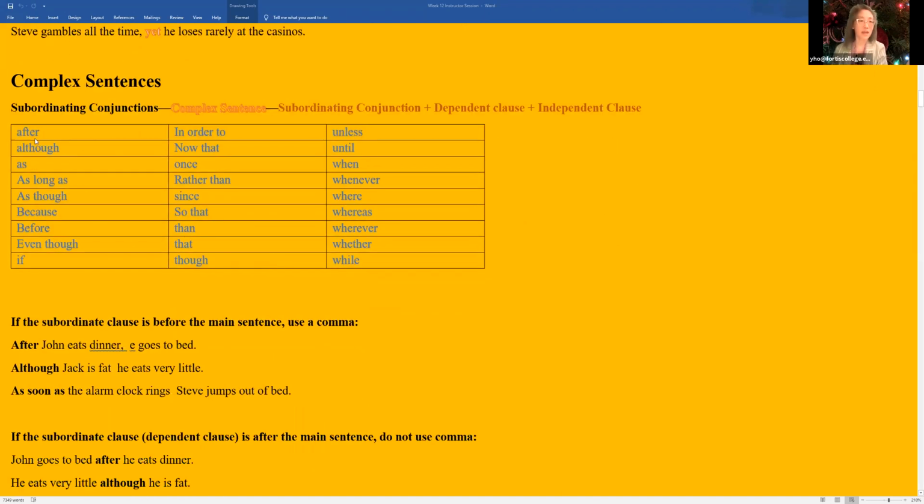But anyway, a complex sentence is when you have a subordinating conjunction with a dependent clause and an independent clause. And it is the subordinating conjunction that makes the clause dependent.